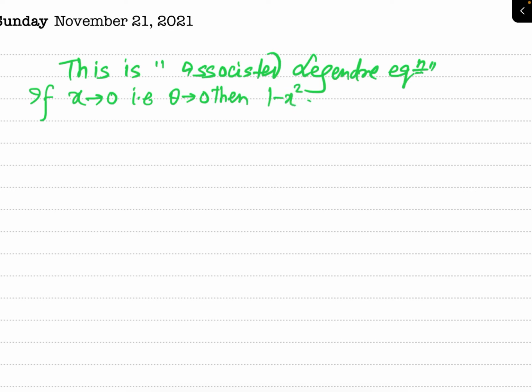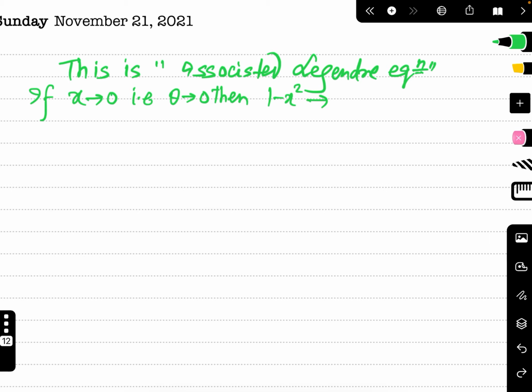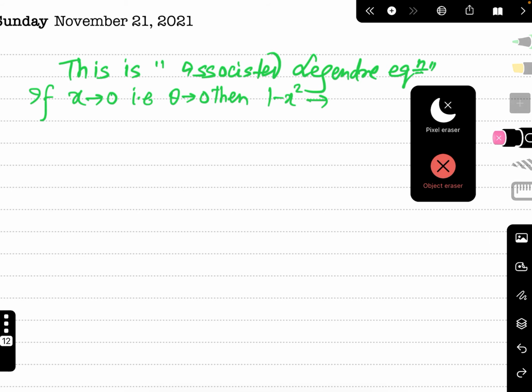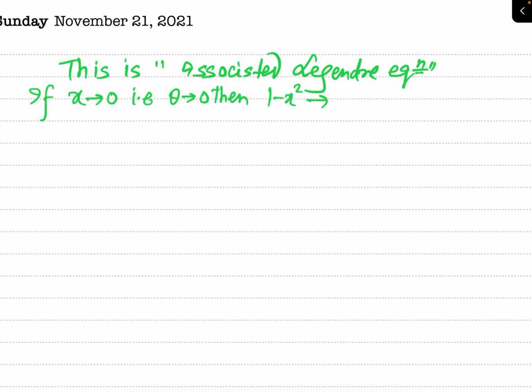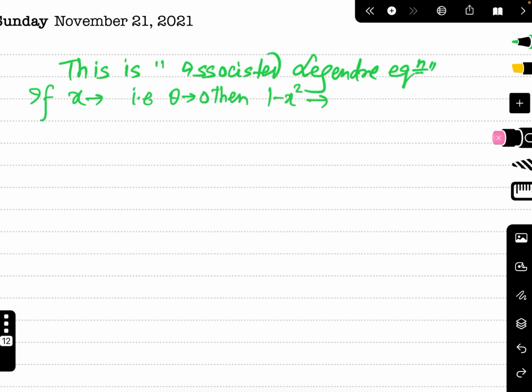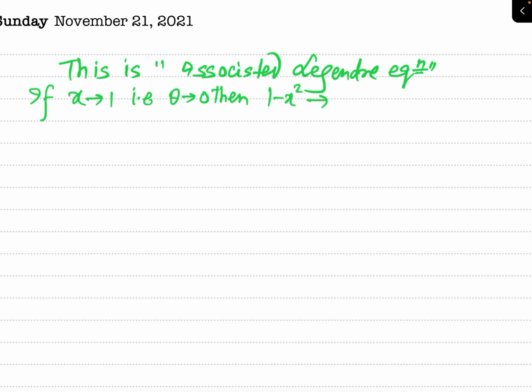then 1 minus x square will tend to 1 minus 1, that is 0.